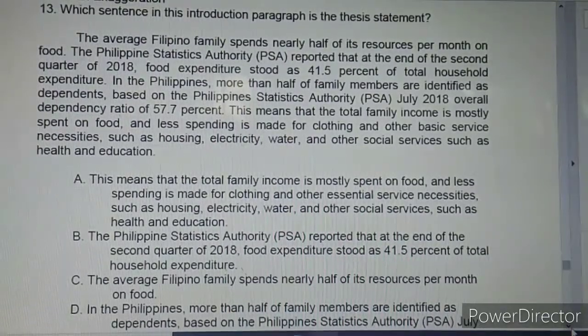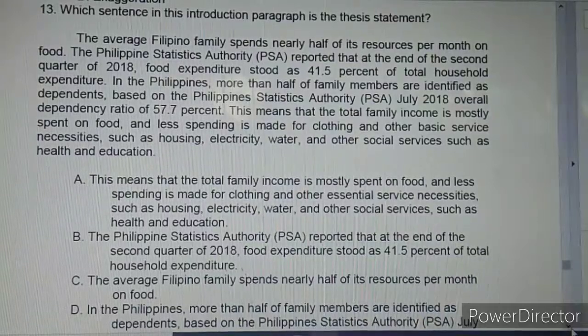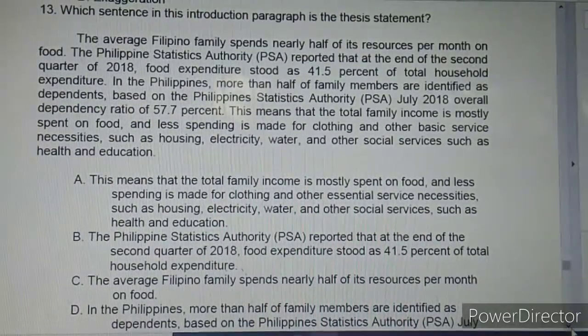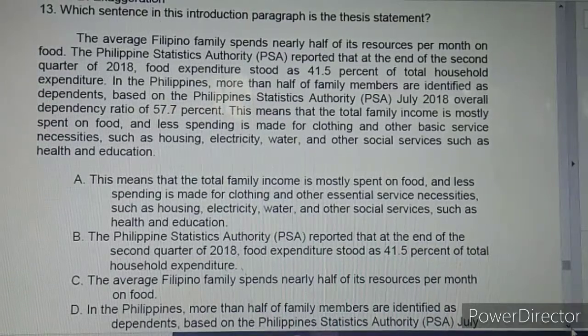Letter A. This means that the total family income is mostly spent on food, and less spending is made for clothing and other essential service necessities such as housing, electricity, water, and other social services such as health and education. Letter B. The Philippine Statistics Authority, or PSA, reported that at the end of the second quarter of 2012, food expenditure stood at 41.5% of total household expenditure.